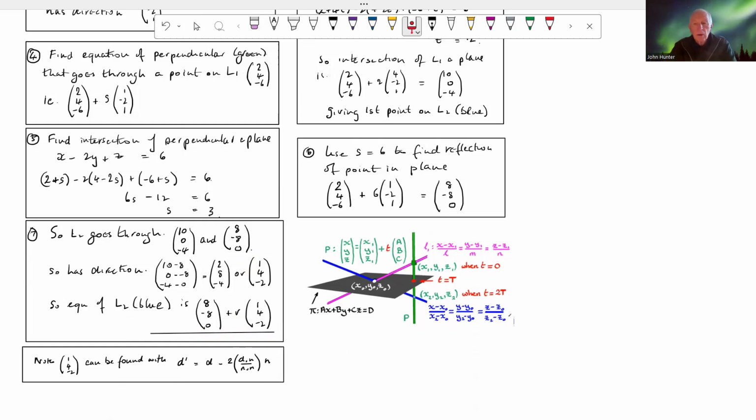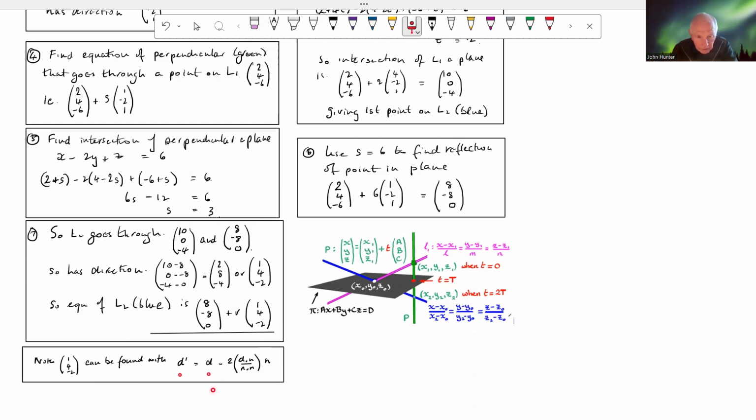Right, so that's it basically. One thing I'd say is that there is a formula for finding the direction vector of the blue line, which takes the direction vector of the purple line, multiplying it out.